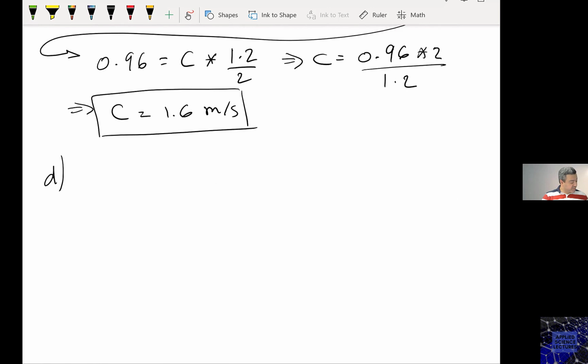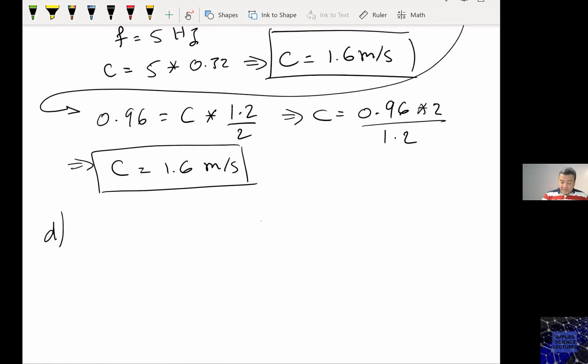D. What is the frequency? We calculated the frequency earlier.